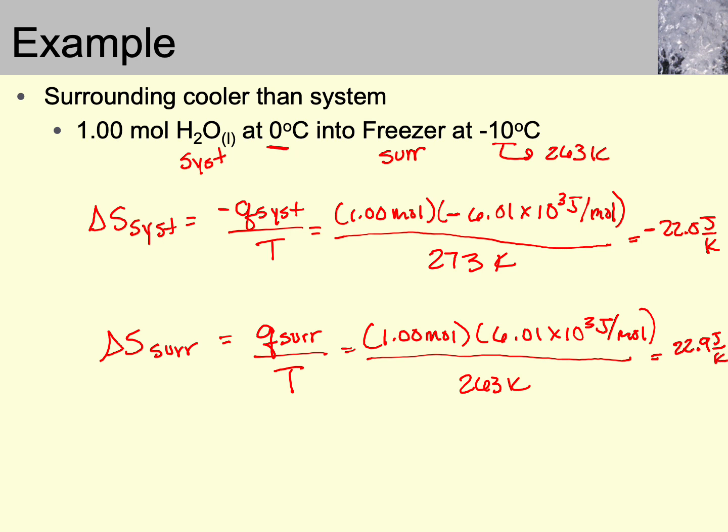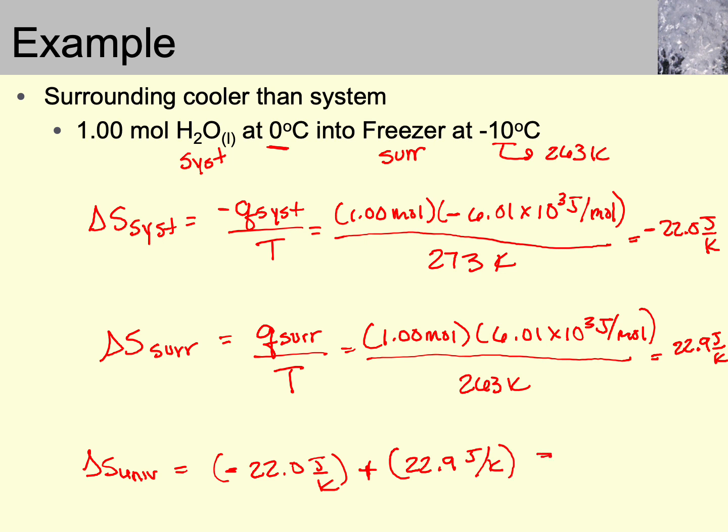joules per Kelvin. So now I'm going to add it up again, just like I did for the last one. Delta S of the universe is equal to the delta S of the system, which is negative 22.0 joules per Kelvin, plus the delta S of the surrounding, which is a positive 22.9 joules per Kelvin.